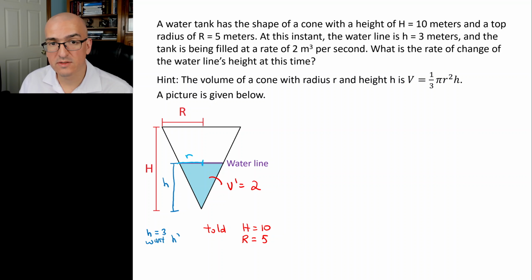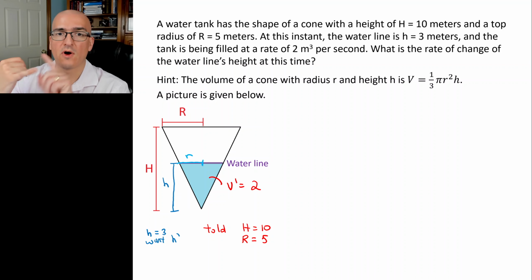And little h, we know little h is equal to 3, but when we take the derivative, we're going to have a little h prime, we're going to have a little r prime, and we're going to have little r. Like, we're missing a lot of information. So we don't have little r, we don't have little r prime, and we want h prime. So it's like we have 3 unknowns. So what are we going to do? I'll show you.